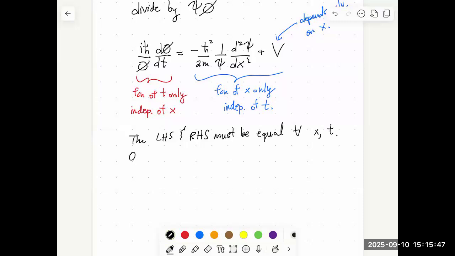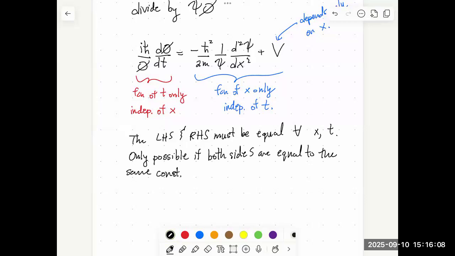This is only possible if both sides are equal to the same constant. We'll call that constant E. We'll see why we're calling it E next time.